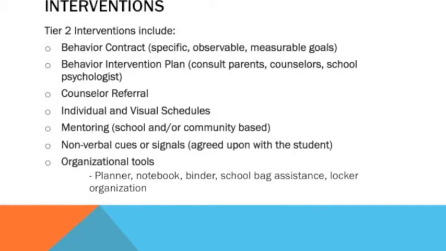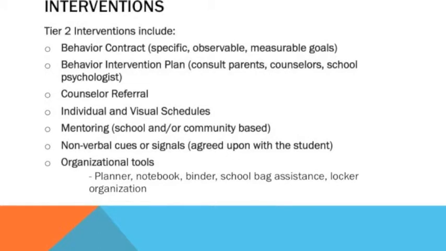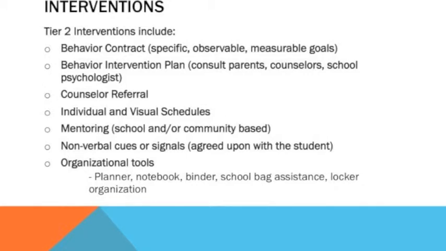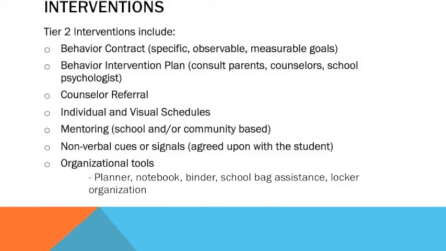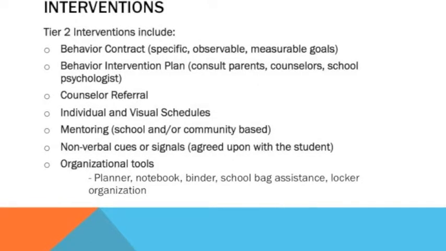Let's start to look at some specific interventions, and while I will not be providing an exhaustive description of all of these, exhaustive descriptions certainly do exist online or within professional literature, and you're encouraged to try and check that out before using them. Right off the top, we see behavior contracts.